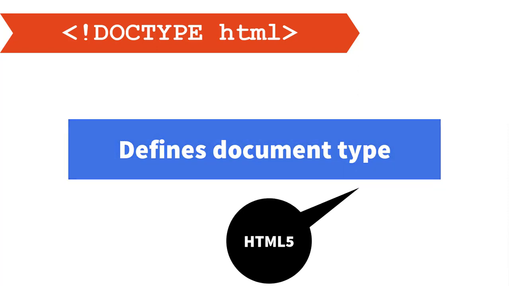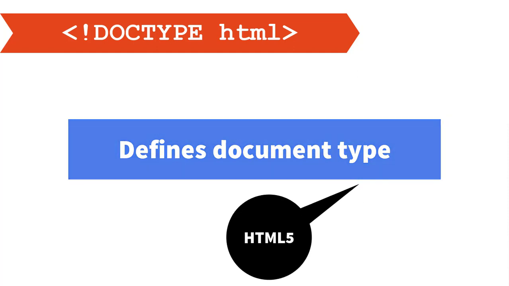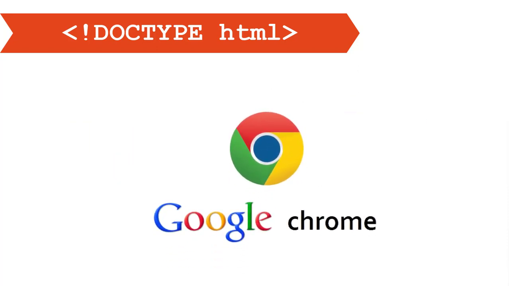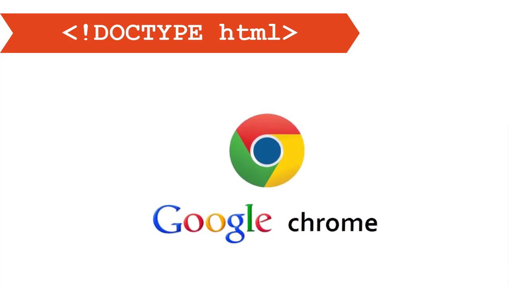Whenever the browser reads your file, if you have defined the doctype, it is easier for the browser to identify your document type, right? But nowadays Google Chrome is too smart. If you do not write this, it automatically understands that this is HTML5, right?